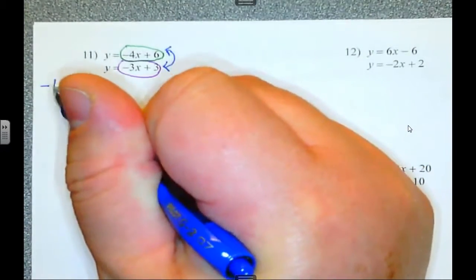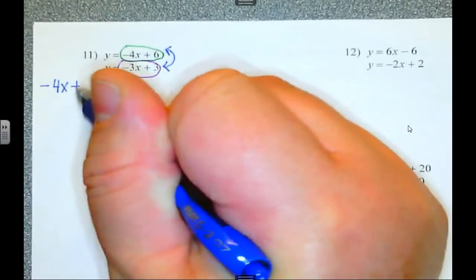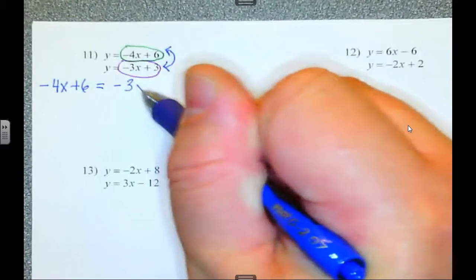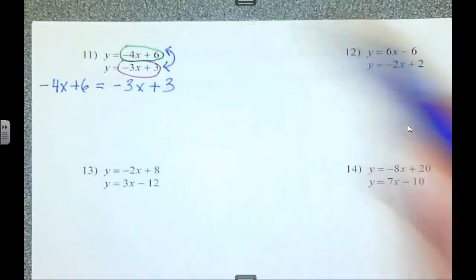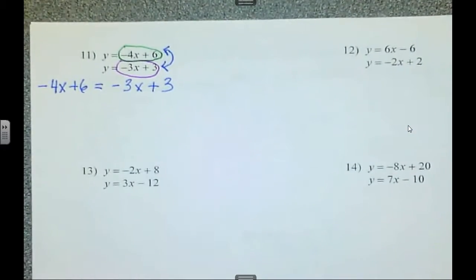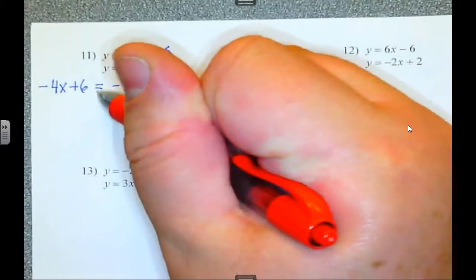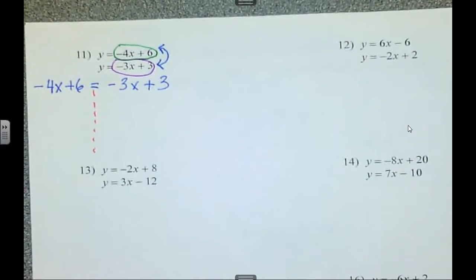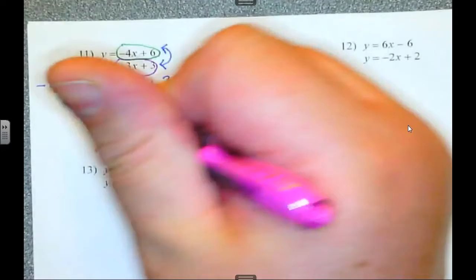So I have negative 4x plus 6 equals negative 3x plus 3. Now I'm just going to solve for x. I like keeping my variables positive, so I'm going to add 4x to both sides.